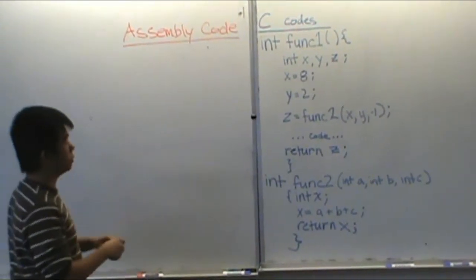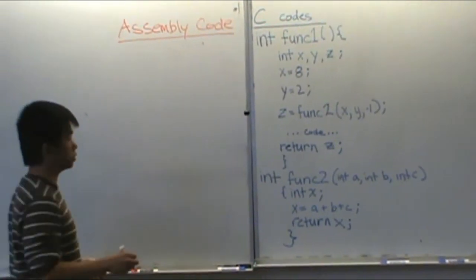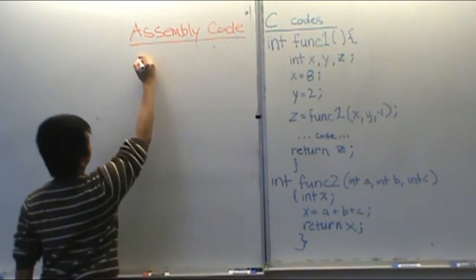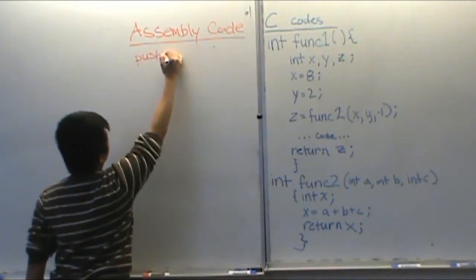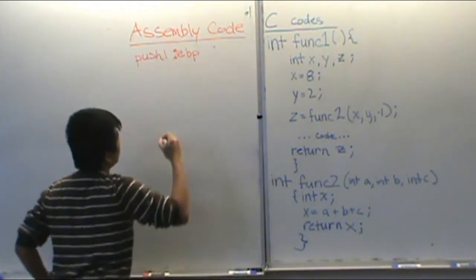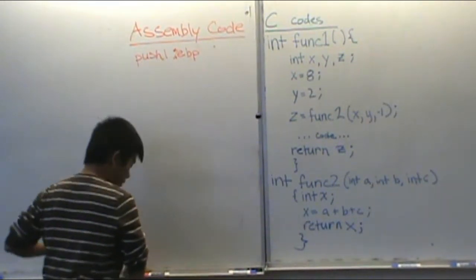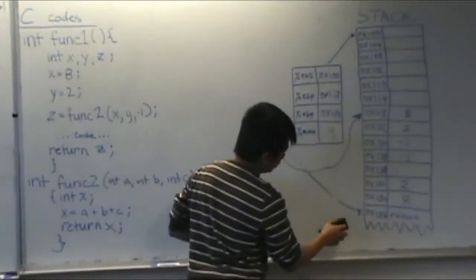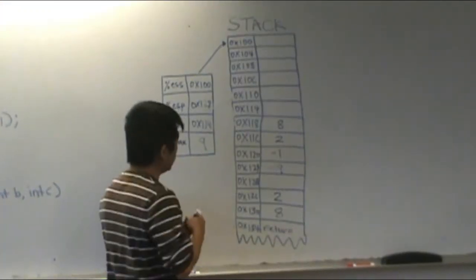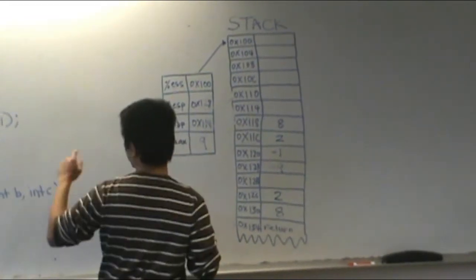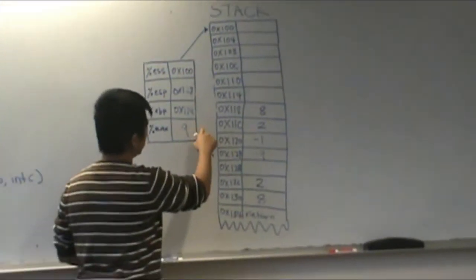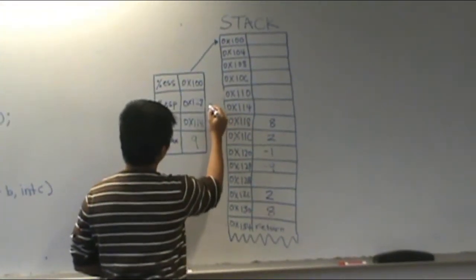So once you call function 2, we have to do the prologue for function 2. What we did in the beginning for function 1, we do push %EBP, which means that this EBP value will now be moving. Before I push, the caller function will have incremented the ESP up to 114.